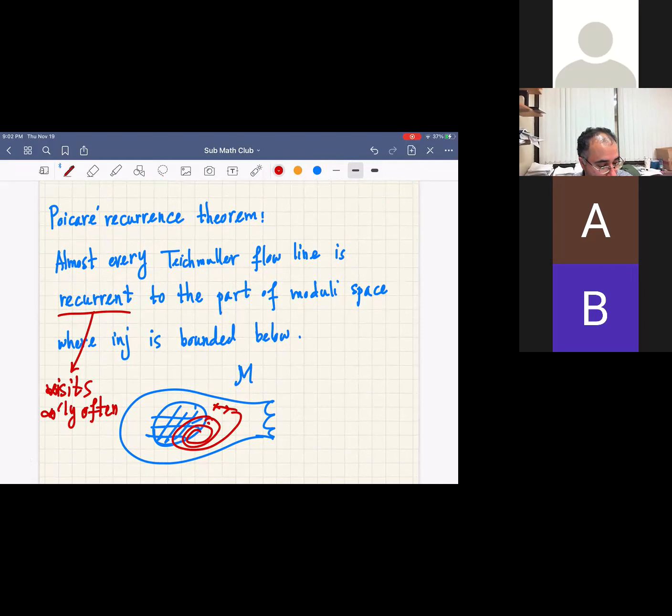the thing which we wrote initially about interval exchange maps, that almost all of them are minimal and uniquely ergodic, or almost all of them are complicated. That essentially follows from this Poincare recurrence theorem, which is actually a very easy fact.